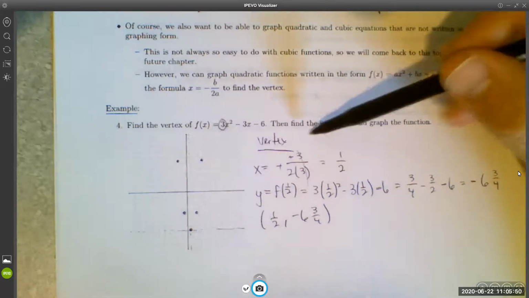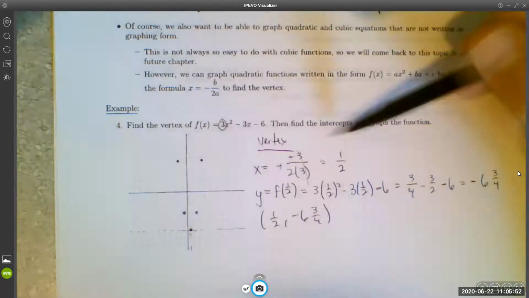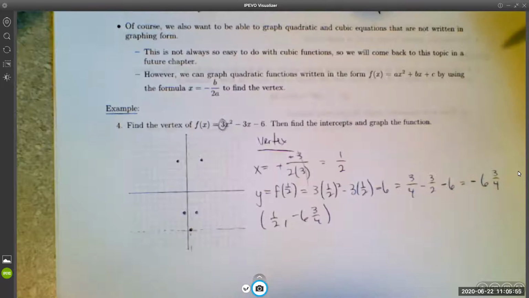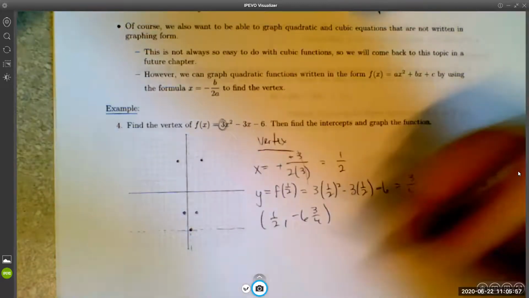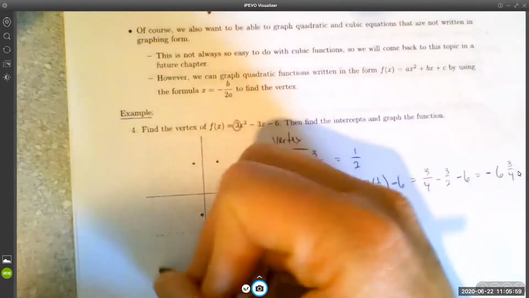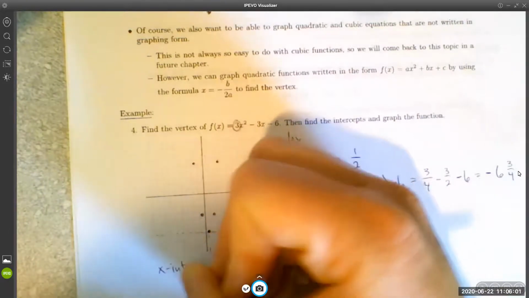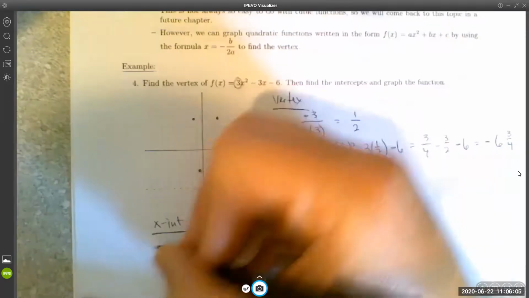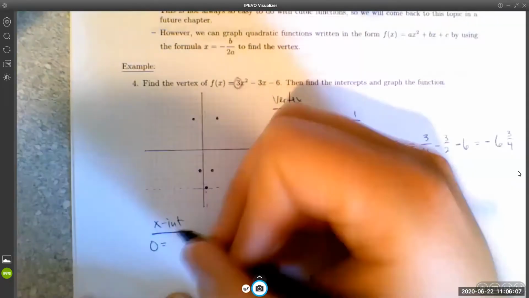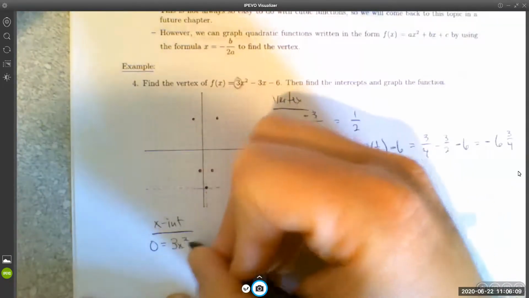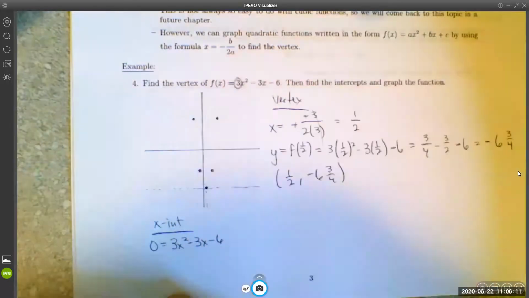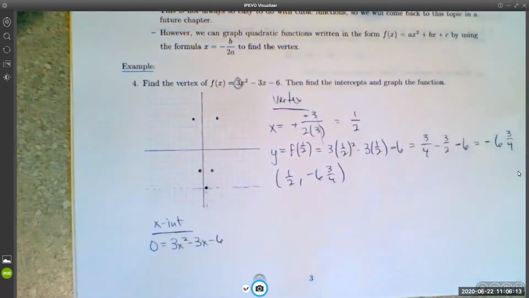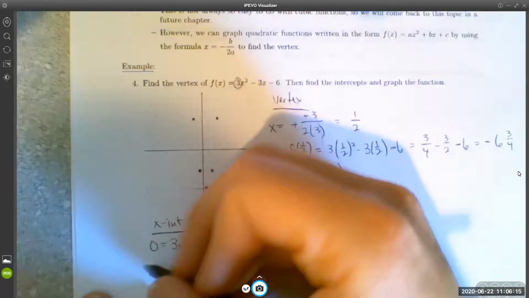Now we were asked explicitly to find the intercepts as well, though. So I'm going to do that now. Let's find the x-intercepts. To find the x-intercepts, we plug in 0 for y, and we would say 0 equals 3x squared minus 3x minus 6. Oh, what a nasty one. Well, we can factor out a 3 at least.